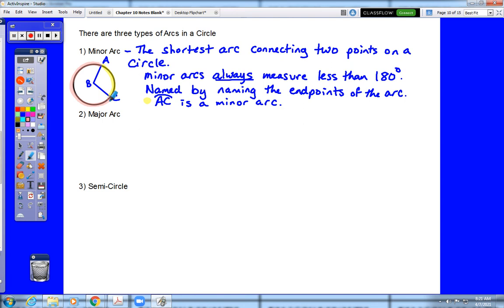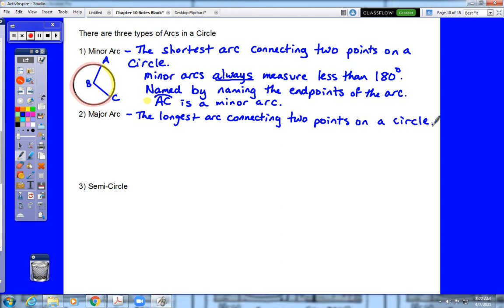Yes? That arc is a major arc. A major arc would be the longest arc, connecting 2 points on a circle. Okay?